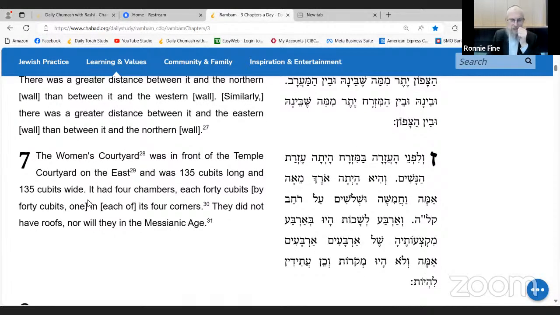Okay, one last thing. Women's courtyard. This is the women's courtyard here. This whole area here, right? It was in front of the temple courtyard.